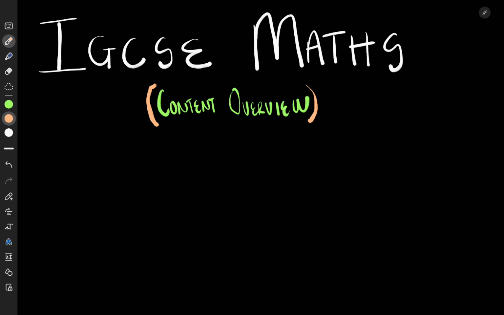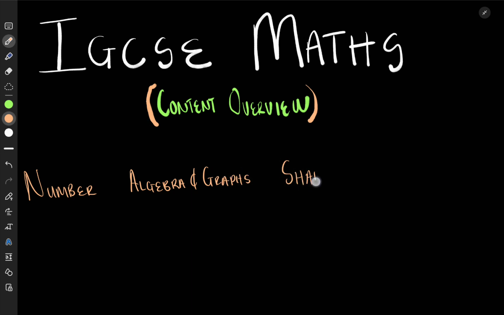The units are: unit 1 is number. Unit 2 is algebra and graphs. Unit 3 is shape and space.